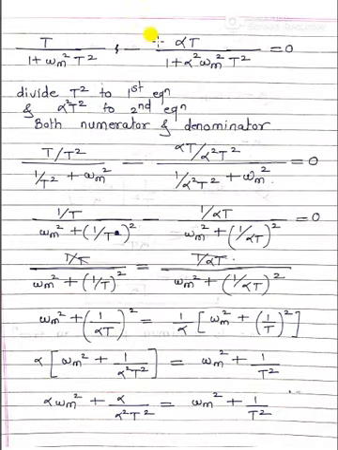Now applying this derivative formula, first we have T upon 1 plus omega m square T square, minus second, alpha T upon 1 plus alpha square omega m square T square, is equal to 0.